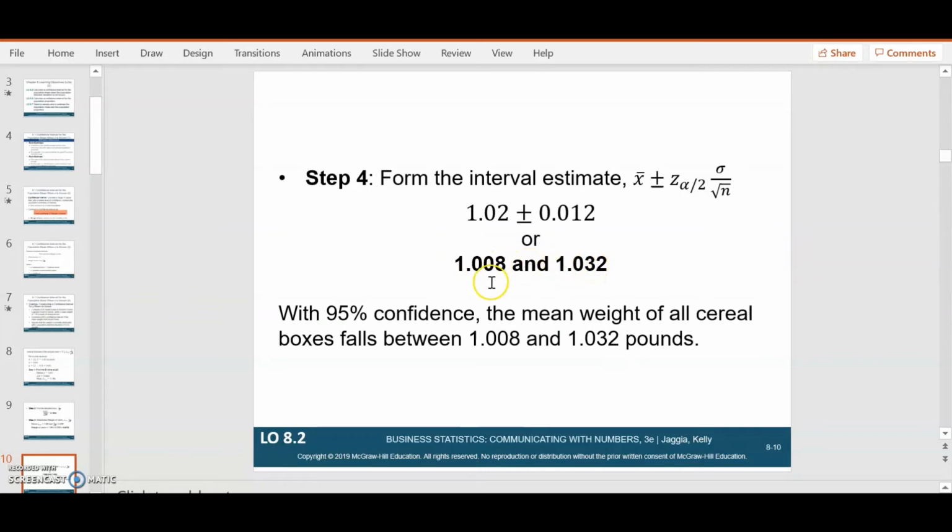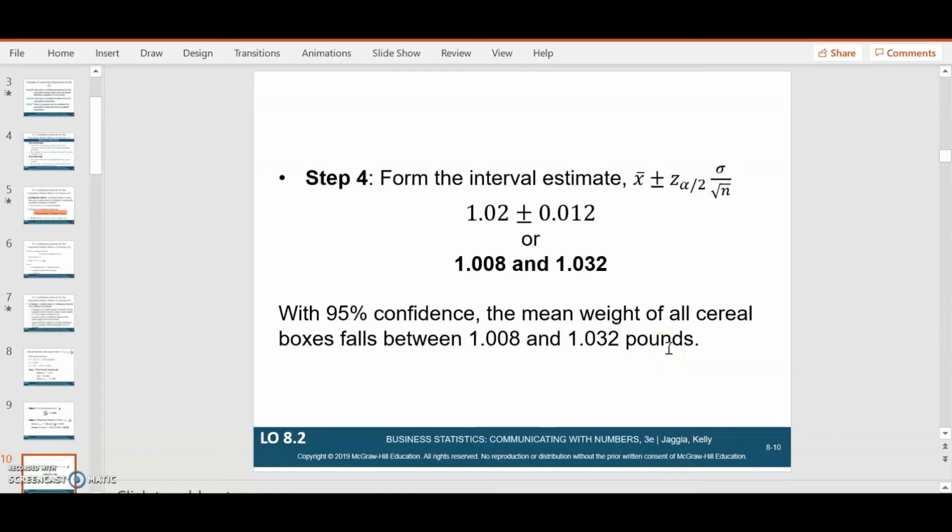So here we can conclude that with 95% confidence, since we are using a 95% confidence interval, the mean weight of our cereal boxes falls between 1.008 and 1.032 pounds.